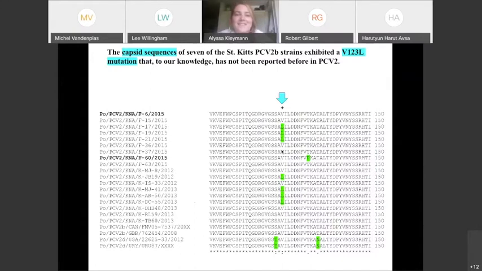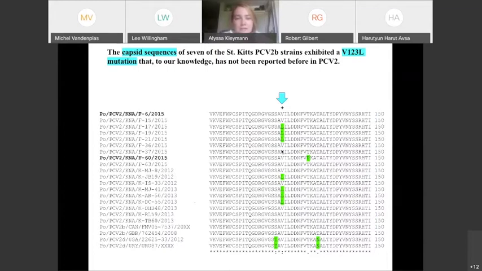Okay. That brings me to my conclusions for this section, and to our knowledge, the first report on the detection and genotyping of PCV2 strains from the Lesser Antilles. The high rates of detection and widespread PCV2 in the present study is quite intriguing, as St. Kitts is an isolated island.